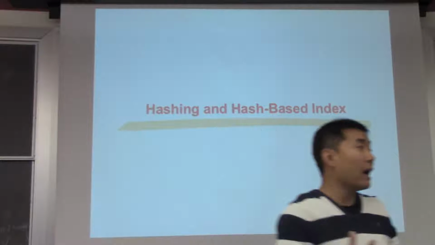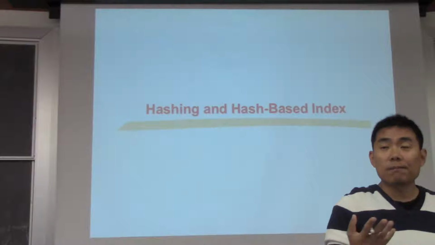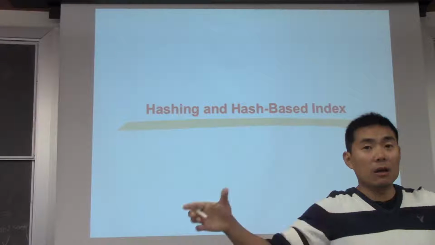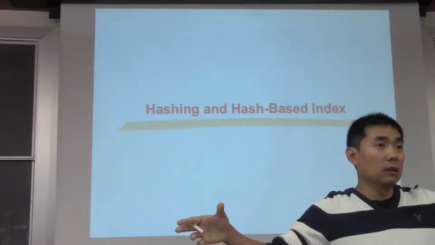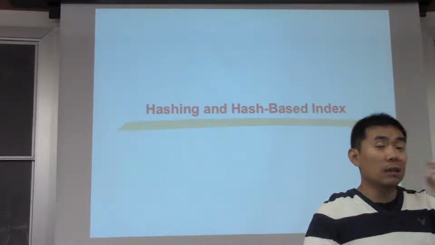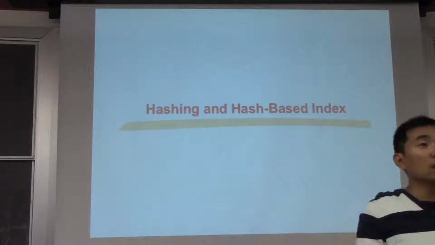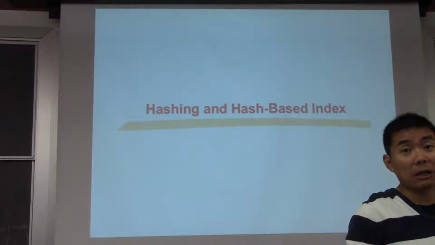The problem is that eventually you will end up with some bucket that has a really long overflow list of pages, and then the efficiency of your hash index diminishes. You don't get any benefit of using this hash index anymore if you have a really long list of overflow pages for any given bucket.